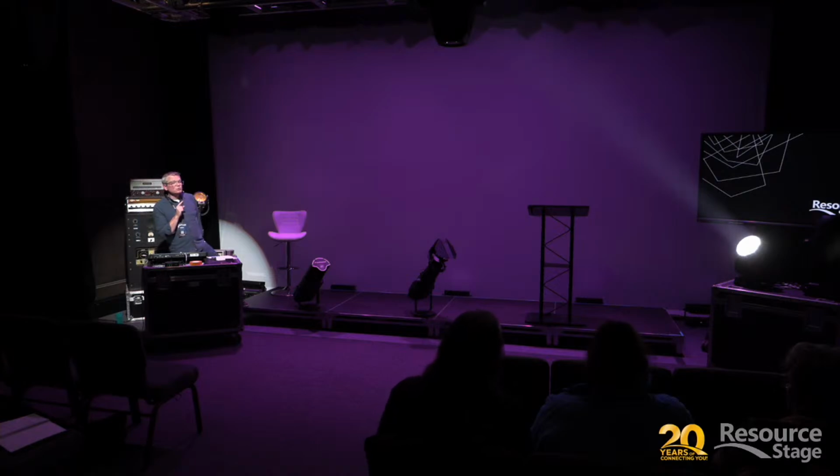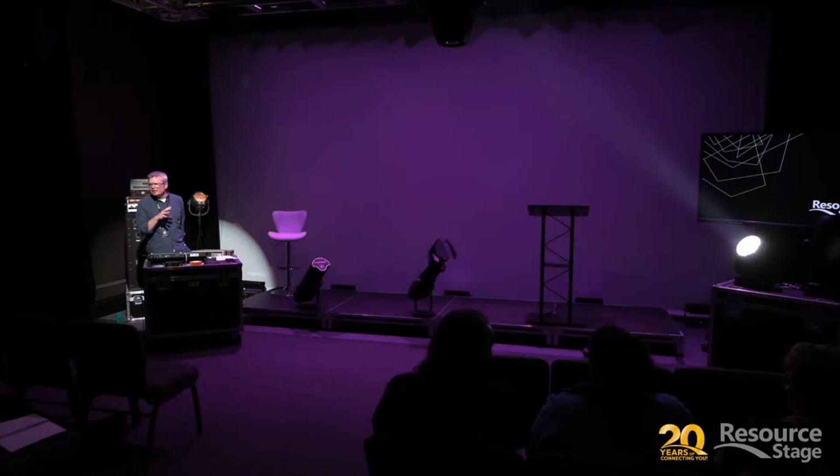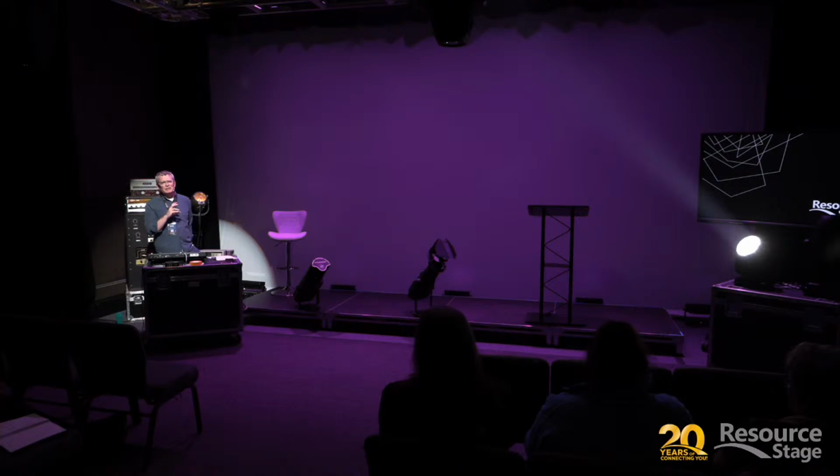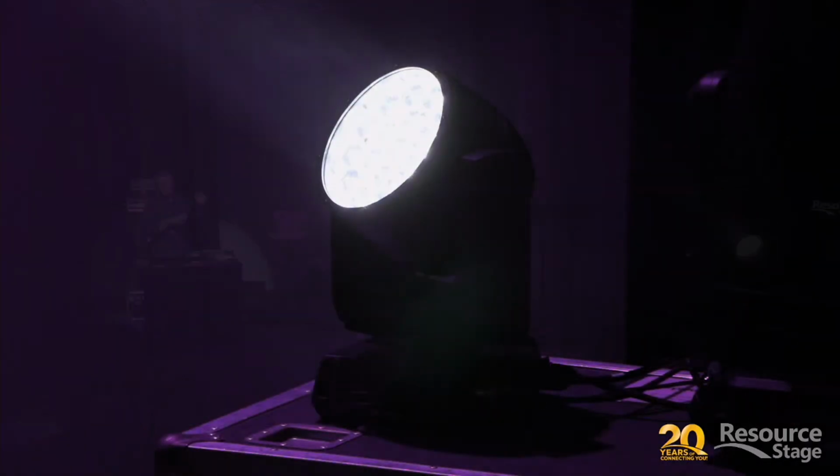But the other piece that's really interesting about this, that is really becoming an important part of the industry, is that this fixture is an IP65 rated light. That means that we can take this light outside when it's raining and we don't have to worry about it.